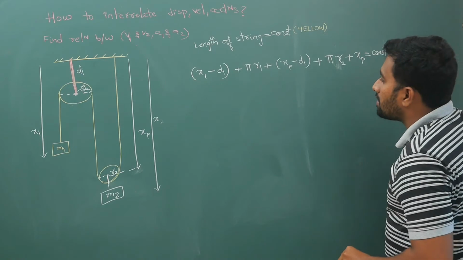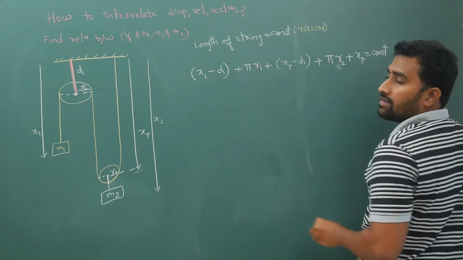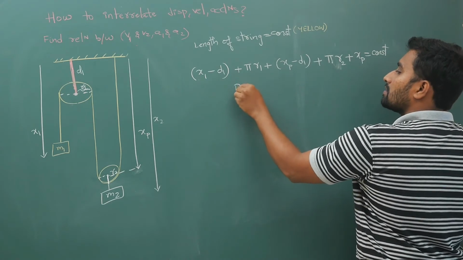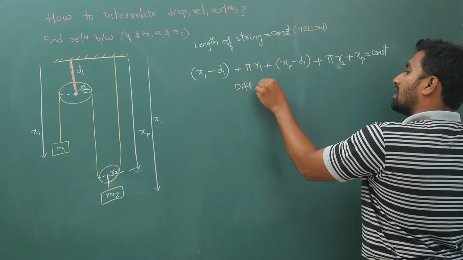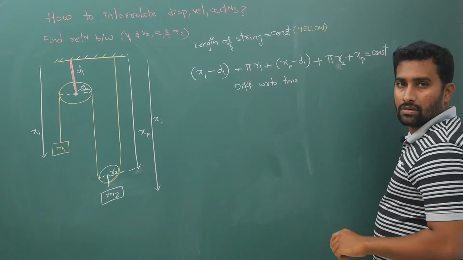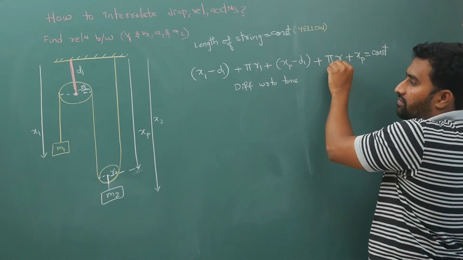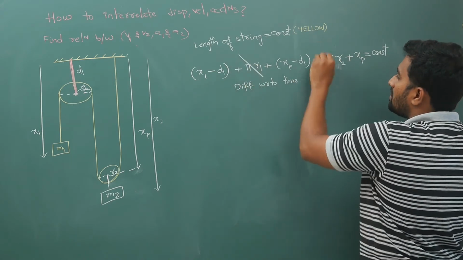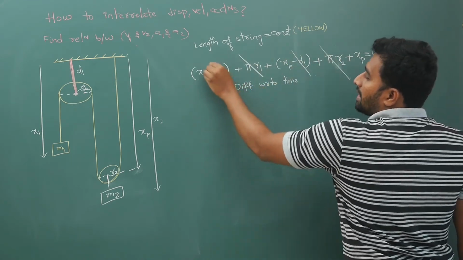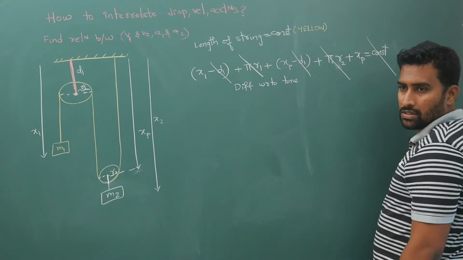Now if you differentiate it, the derivative of the constant will become 0. Differentiating with respect to time, pi r1 and pi r2 will cancel off, the derivative of d1 will cancel off, and the derivative of the constant also will become 0.